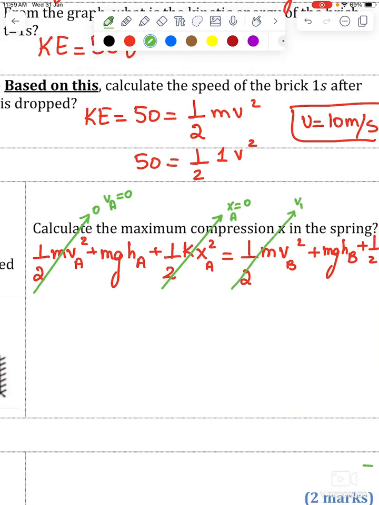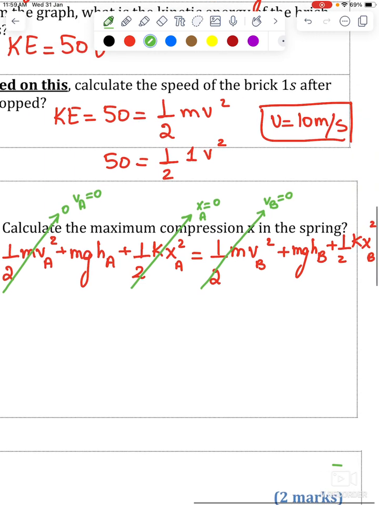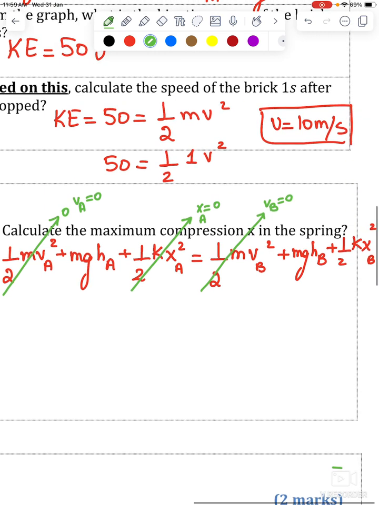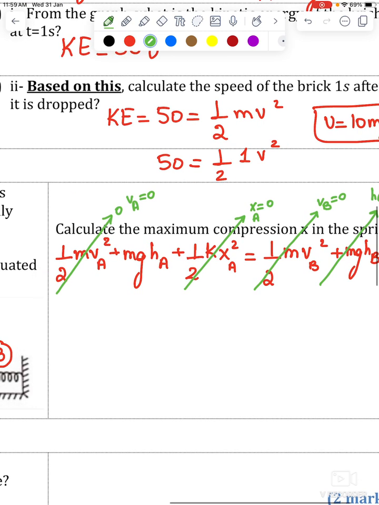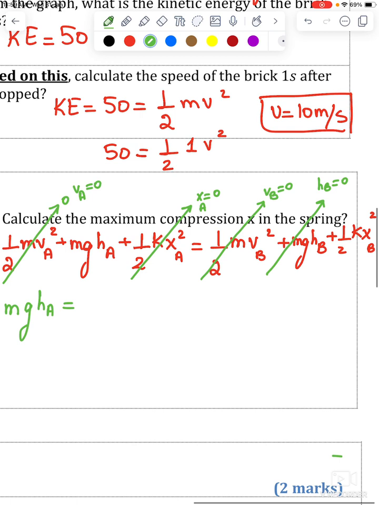So that's because VB equals 0 and position B is on the ground, h of B is also 0. I will be left with mg h of A equals half k x of B squared, which is the one that is in question.